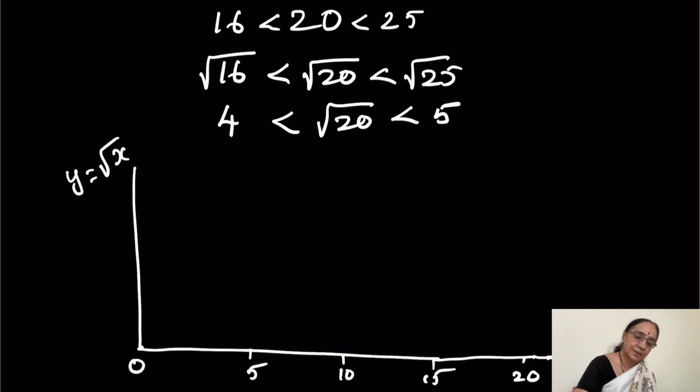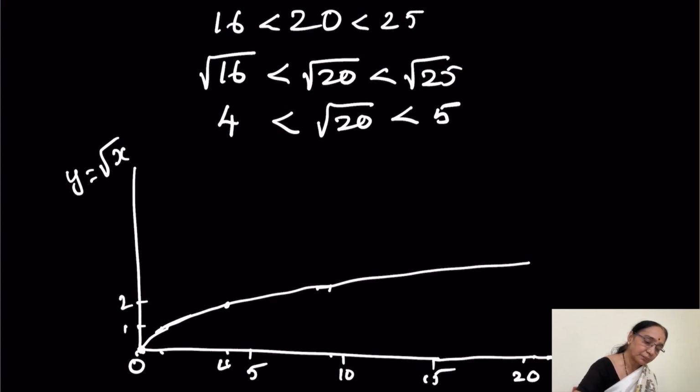That is, this is your x-axis and the y-axis represents the square root of x. Now square root of 0 is 0, the square root of 1 will be 1, square root of 4 will be 2, and then the square root of 9 will be 3. So your graph will have a shape like this.